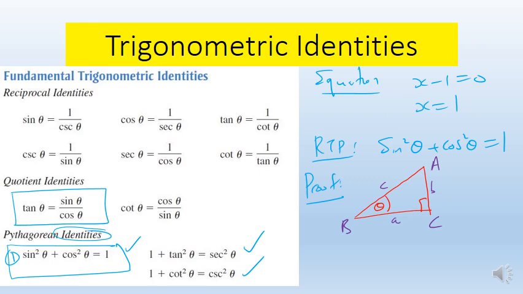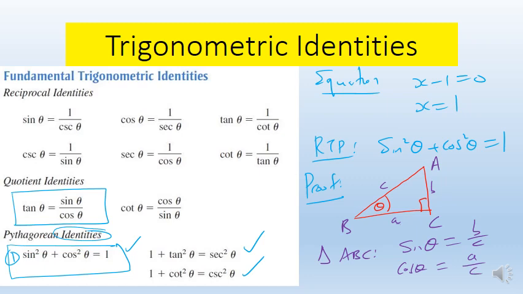So in triangle A, B, C, you can see that sine theta is opposite over hypotenuse, and cos theta is adjacent over hypotenuse.